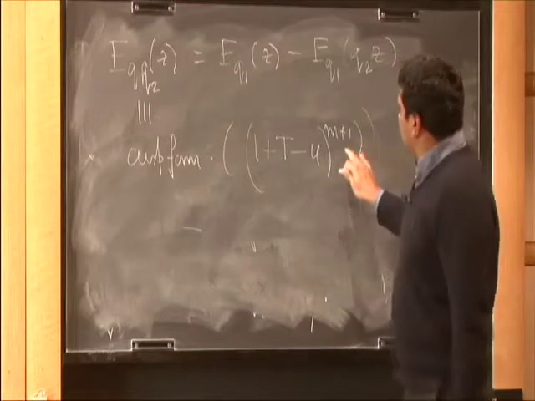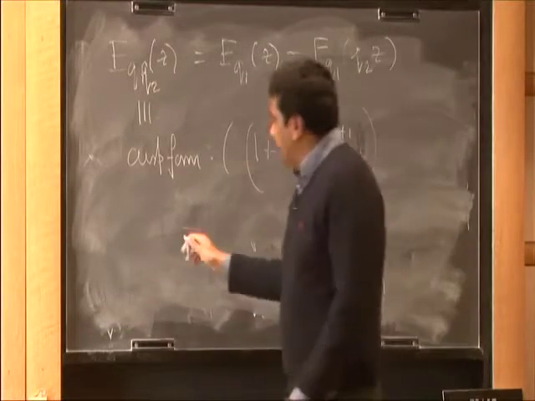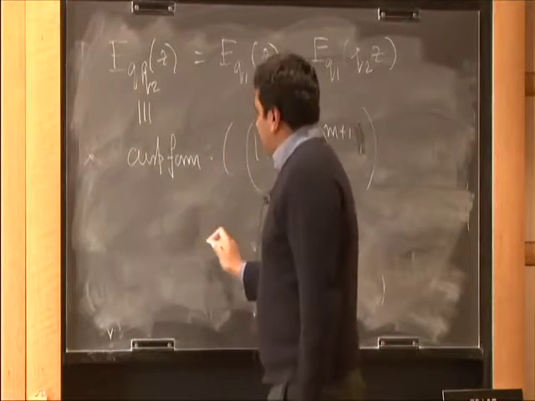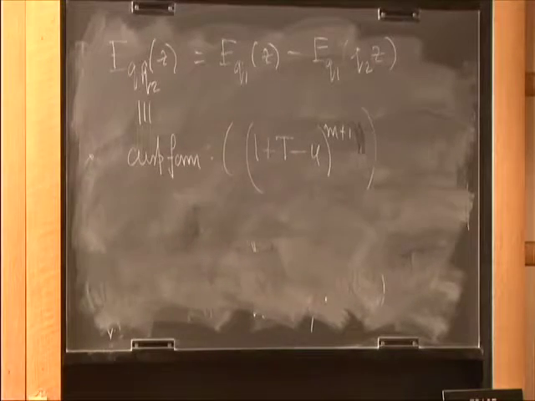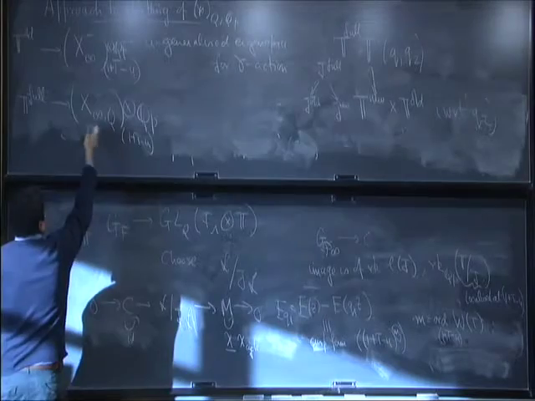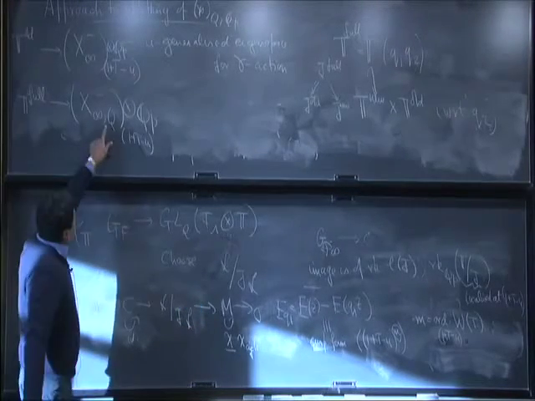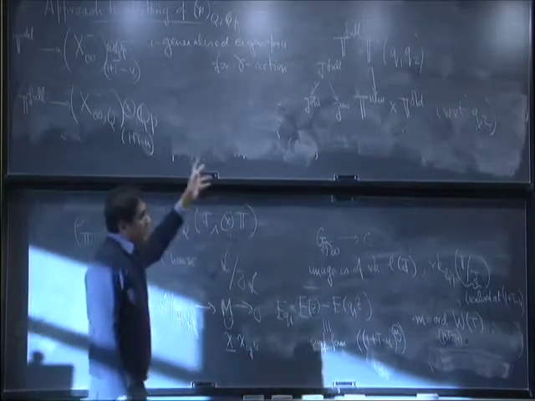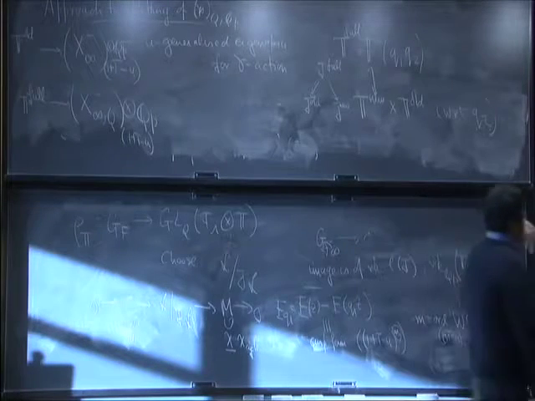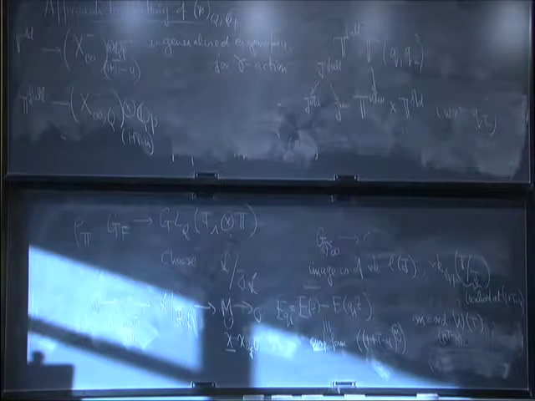Using Weil's method again, you can construct an extension of rank at least M plus 1, ramified only at Q1, Q2, and by comparing ranks and so on, you see that you constructed X infinity minus Q.